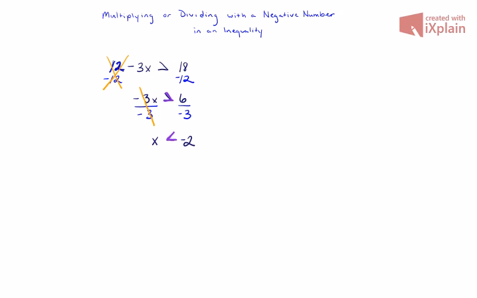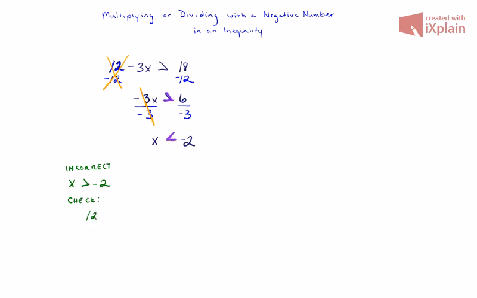So again, let's play devil's advocate in an effort to understand why this is the case. Let's say that you forgot to flip the sign. So you have x is greater than negative 2 here. Let's check our work really quick and see what happens if we use this inequality.